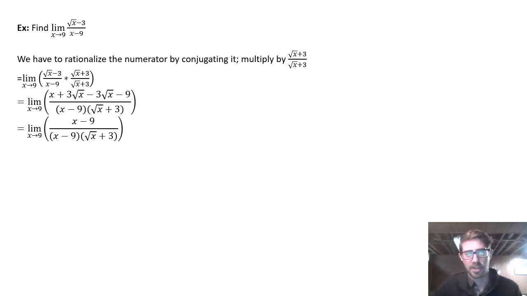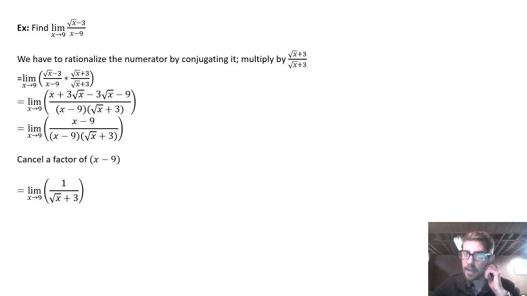All right, so that move works because we get a common term between the numerator and the denominator. So that cancels out. You're left with just 1 in the numerator and then just that factor of square root of x plus 3 in the denominator. And lo and behold, once again, you see what happened. Now we can evaluate it directly.